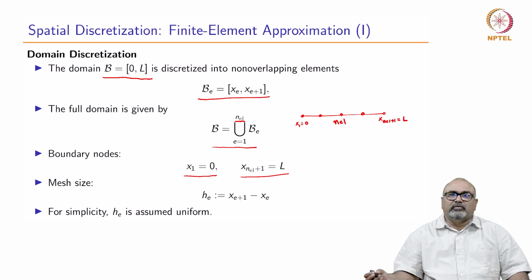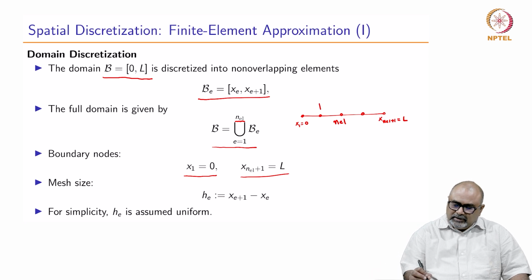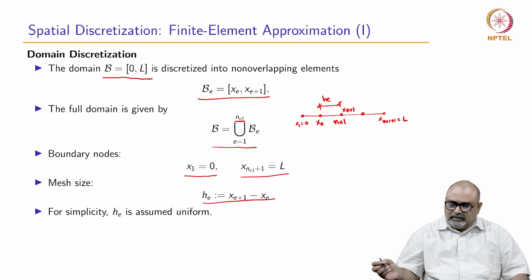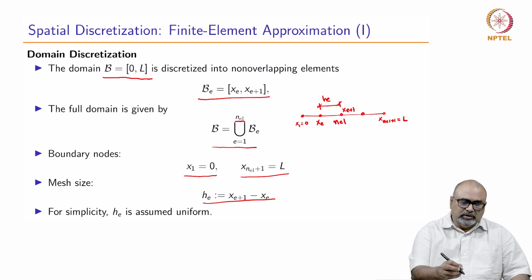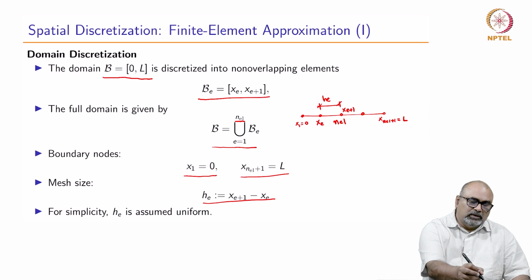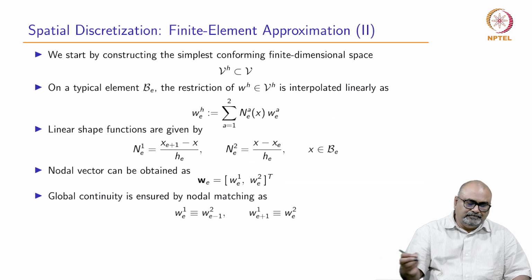The total number of elements is NEL, and a typical element has a size HE, which is described between XE and XE plus 1. So, the element length is defined by XE plus 1 minus XE, and this element size HE is assumed to be uniform throughout the discretization.